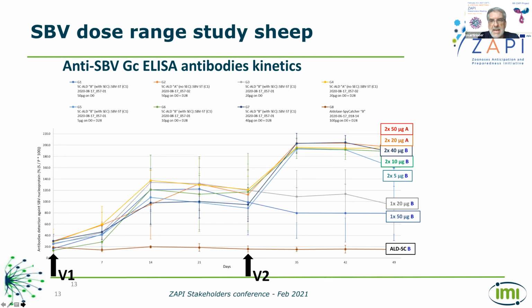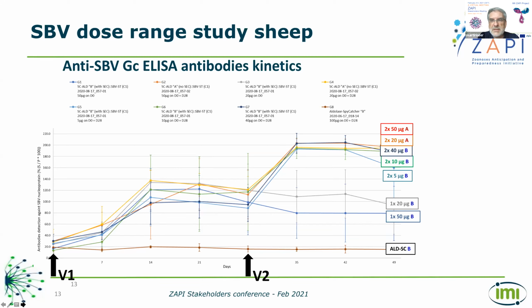And here you can see immediately that if we look at the Qc ELISA antibody kinetics, there is a very nice reactivity. This time we used a longer term between the two vaccination applications. The second one was given at day 28. But after 14 days, again, the animals here reacted very nicely and more or less independent of the amount of antigen.